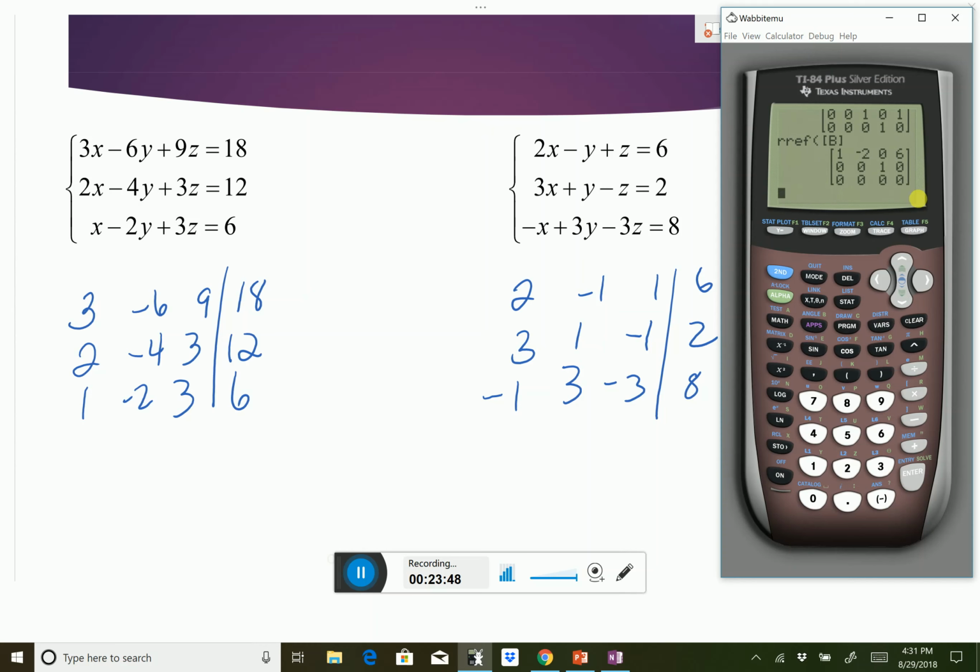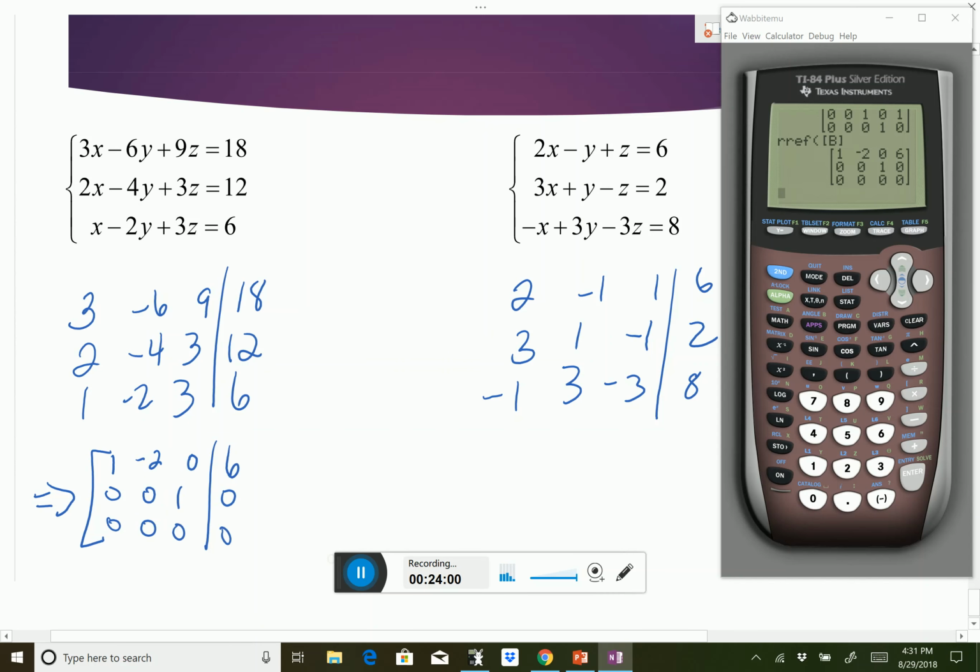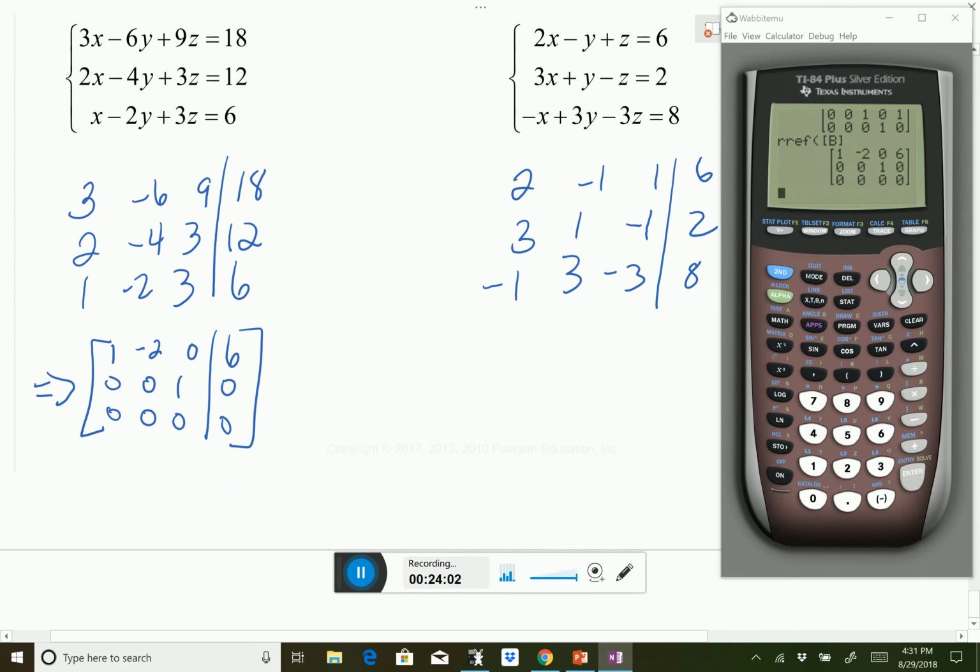The row reduced form gave us 1, -2, 0, 6, 0, 0, 1, 0, and 0, 0, 0, 0. So looking at this, what would you think? You end up with 0, 0, 0, 0.